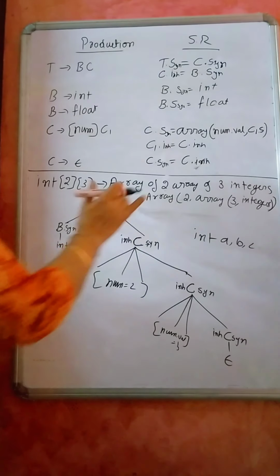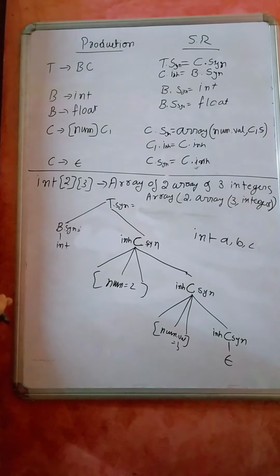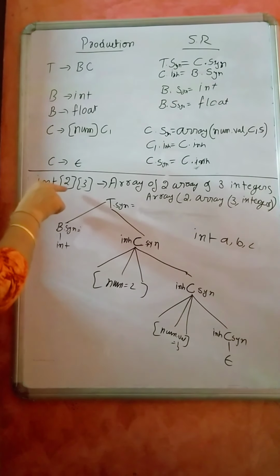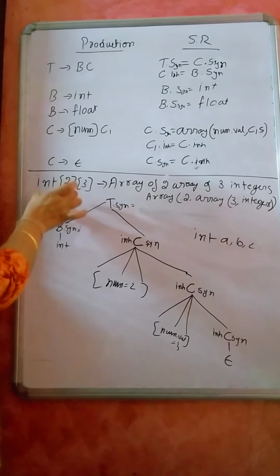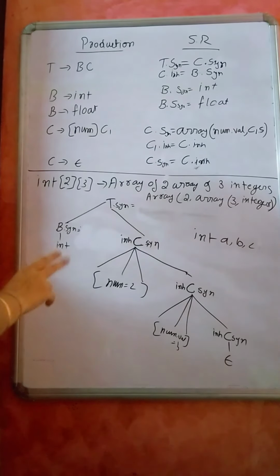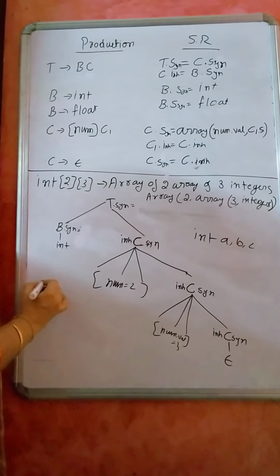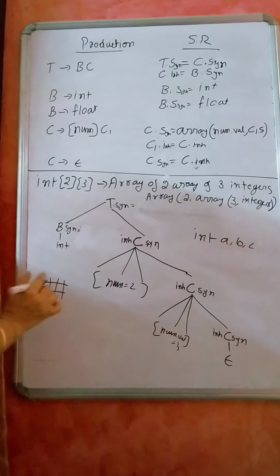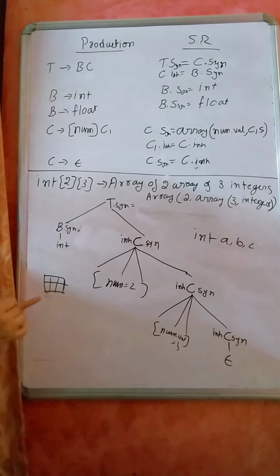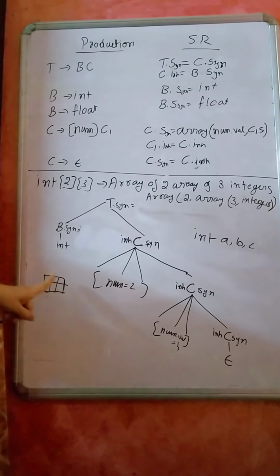Now this particular grammar is for which purpose? It is in order to declare an array like this. This will be read as an array of, a two-dimensional array, an array of 3 integers, meaning you will have 2 rows and 3 columns.